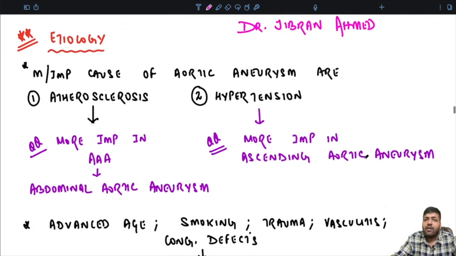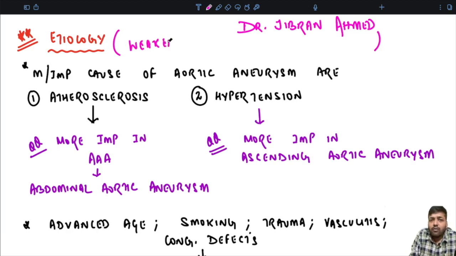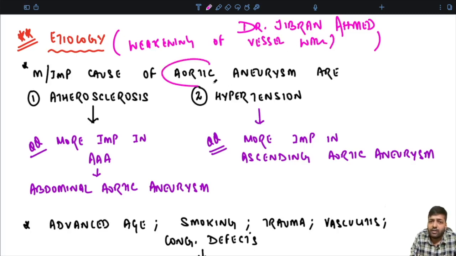Now we are going to see the different etiologies responsible for aneurysm, which are causes leading to weakening of the vessel wall. There are two most important causes of aortic aneurysm. Number one is atherosclerosis.